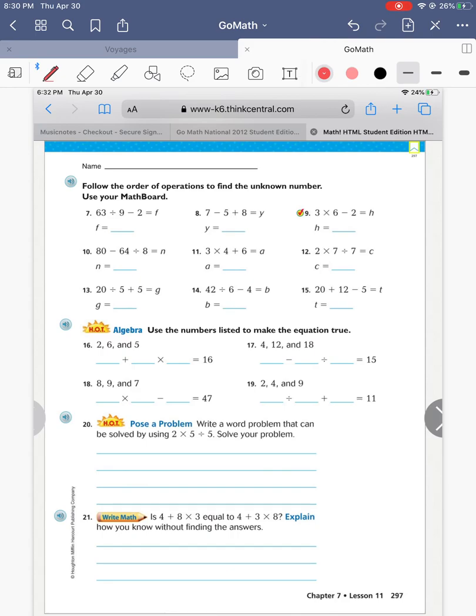So 63 divided by 9 minus 2. So we need to, I'm going to put multiply or divide is 1, and then 2, add or subtract.